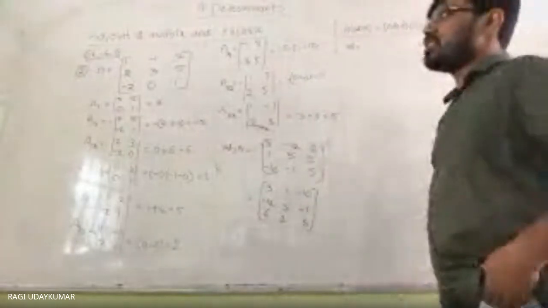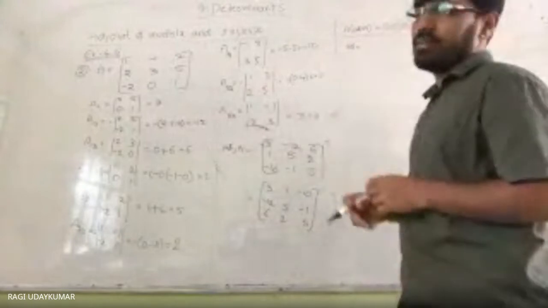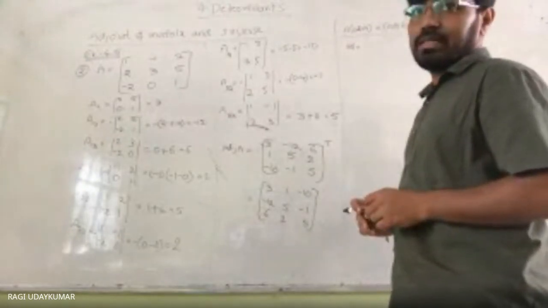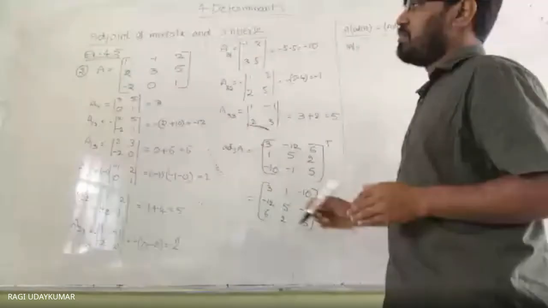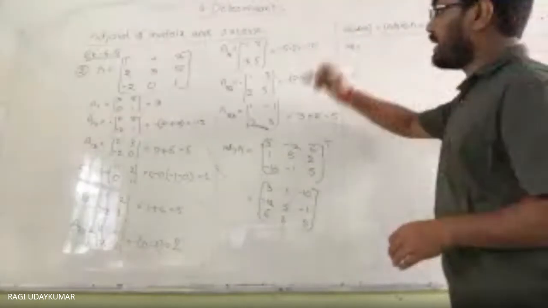First, you need to find the determinant of A. How do we get the determinant of A? Expand it along, which is the best? Along the second column, because 1, 0 is there. In the second column, 1, 0 is there. I am expanding along the second column.